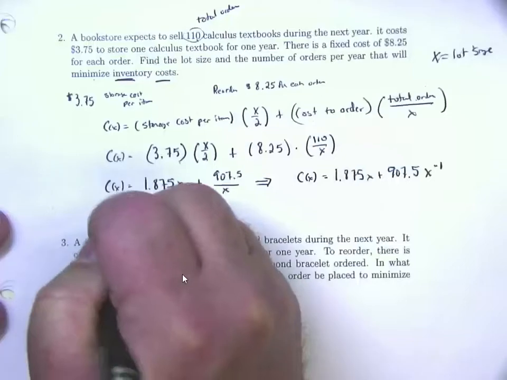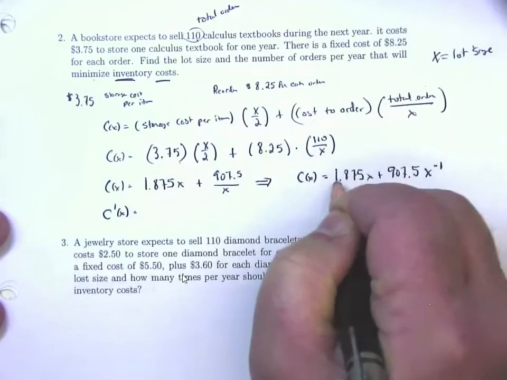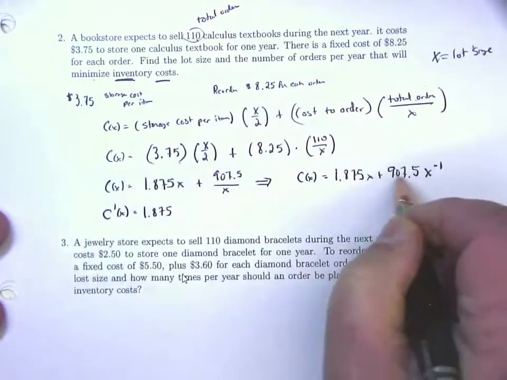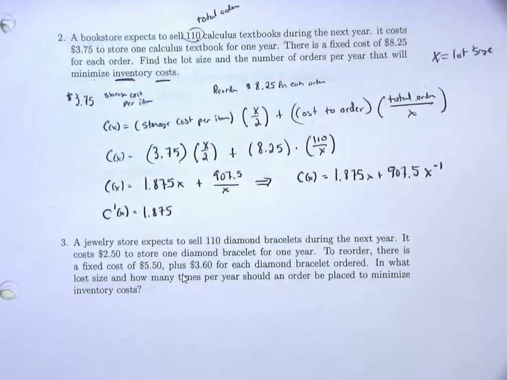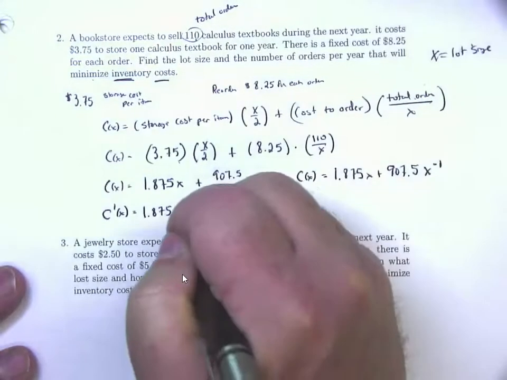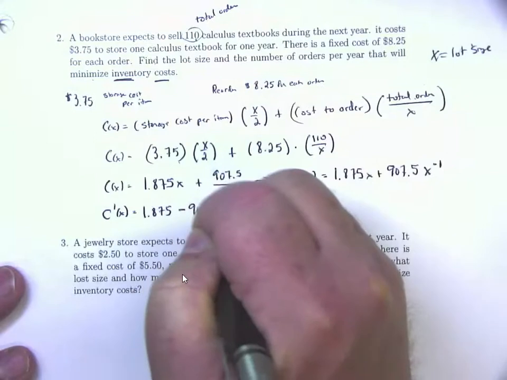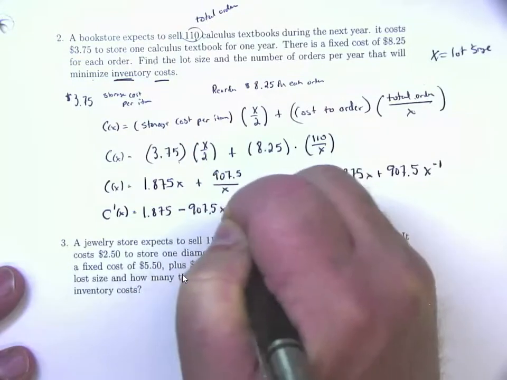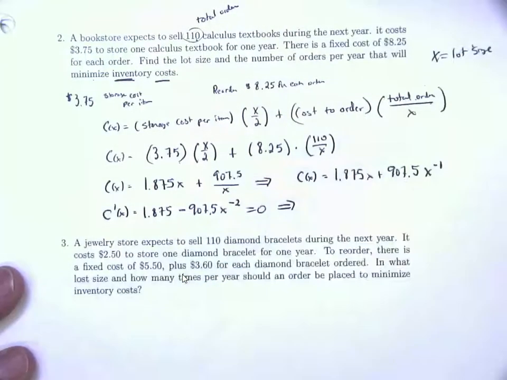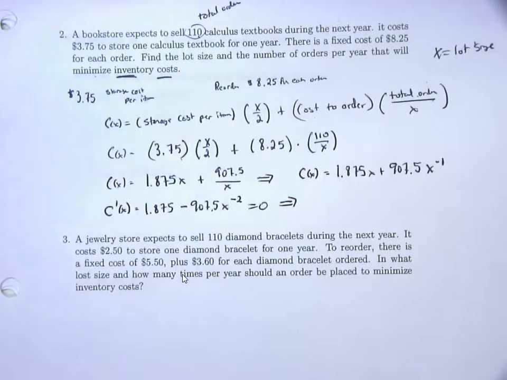So C prime of x would be equal to the derivative of 1.875x, which is 1.875. The derivative of 907.5x to the negative 1: negative 1 times 907.5 is negative 907.5x to the negative 2. We're going to set it equal to 0 and solve. But now that I'm solving, I want those negative exponents back where they came from, on the bottom.